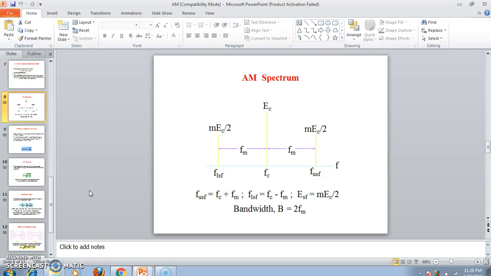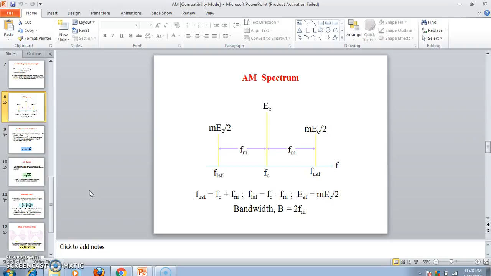This represents the frequency spectrum of AM, in which we see two frequency bands placed at equal distance from the carrier frequency FC. So the carrier frequency FC is in the middle of the LSB and USB.